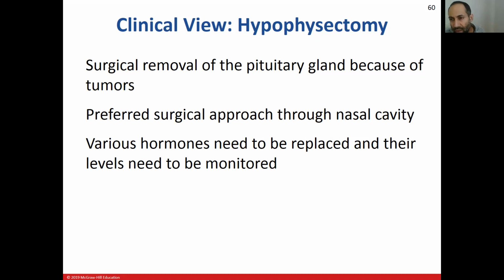And so that's what we did, and we right away ordered a CT scan of the brain. Sure enough, what showed up on the CT scan was a big tumor. A tumor is a mass which is growing in any part of the body. This patient had a tumor growing right around his pituitary gland, okay?